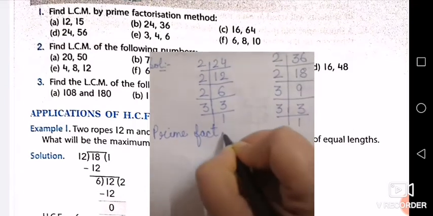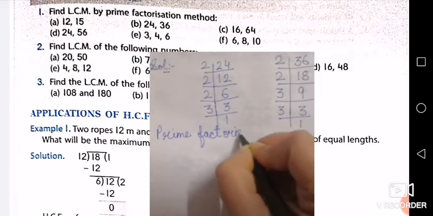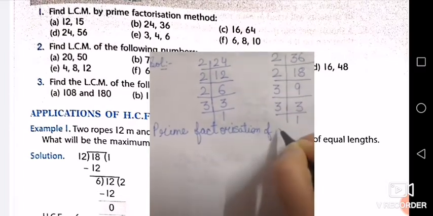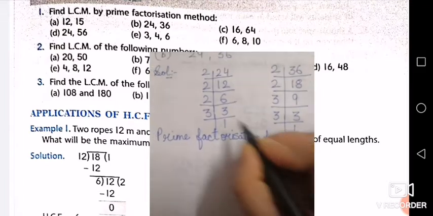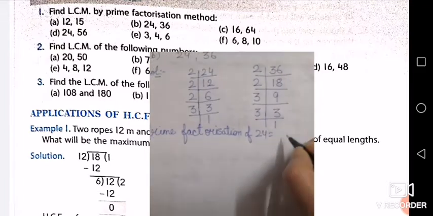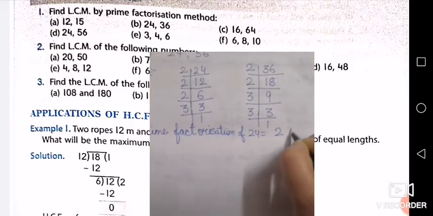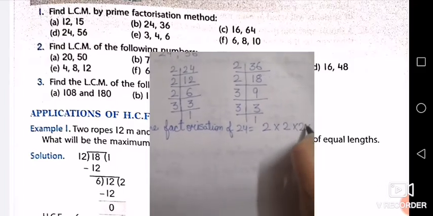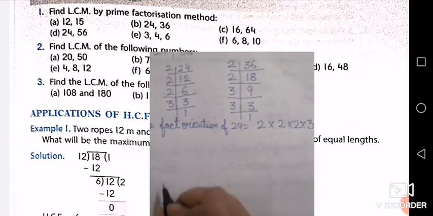The prime factorization of 24, which is our first number, will be 2 multiplied by 2 multiplied by 2 and multiplied by 3.